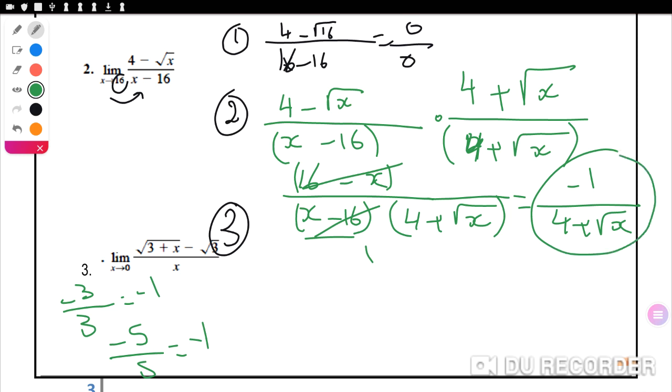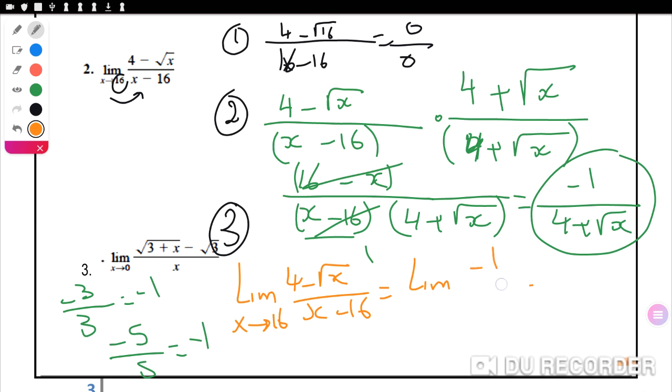So the limit of the given function, which is 4 minus square root x over x minus 16, when x approaches 16, is the same as the limit of negative the redefining function, okay? When x approaches 16, how do we get the result?